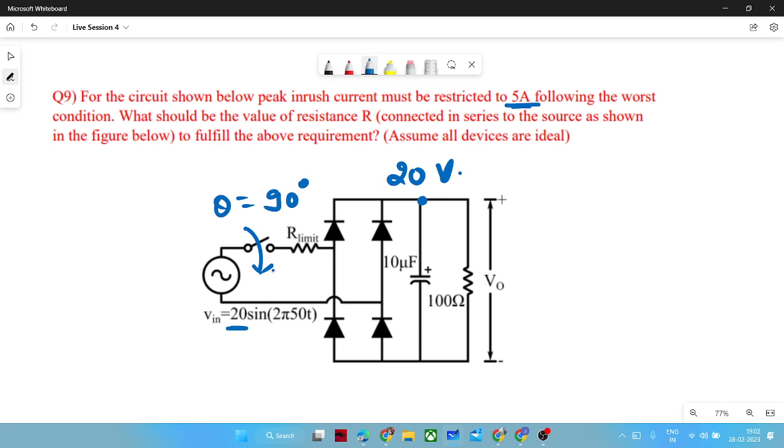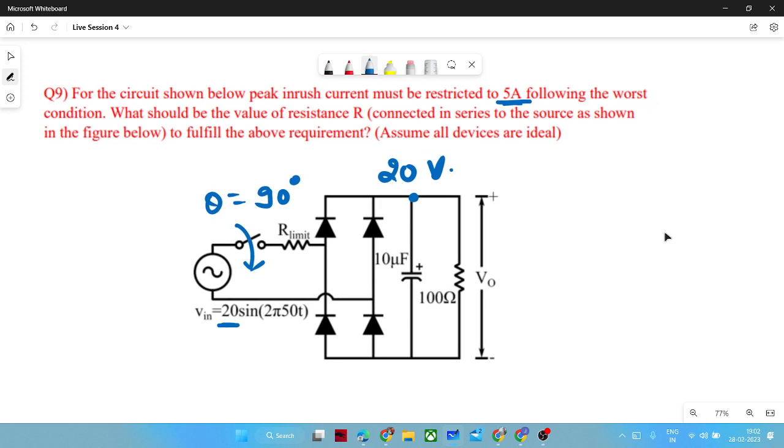Now can you decide that value, or what will be the value if you can tell? It will be peak voltage divided by peak current. Correct. So R limit would be V peak divided by I peak.